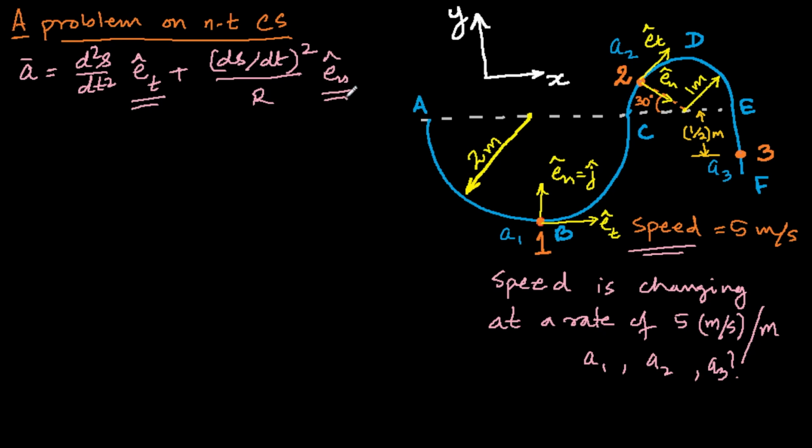So now that's not an issue. We should now concentrate on finding out these two factors. In the previous problem, these two were very easily calculated because this was 0 and this was given to be 5. Now it's given that the speed is changing at 5 meters per second per meter. So how do we convert that into this form?